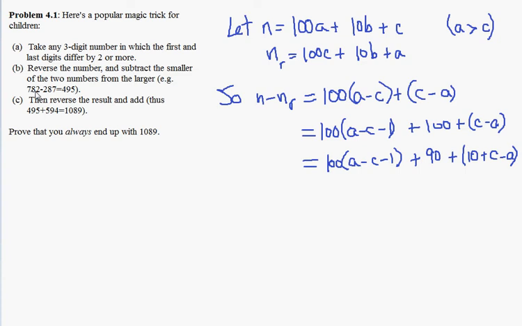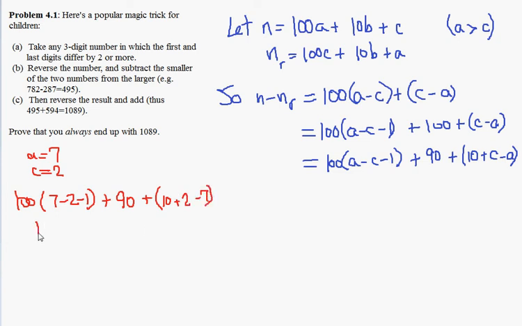For example, for the problem that we had over here, a was equal to 7 and c was equal to 2. So according to my formula here, we would have 100 times (a minus c) minus 1, plus 90, plus 10 plus 2 minus 7.